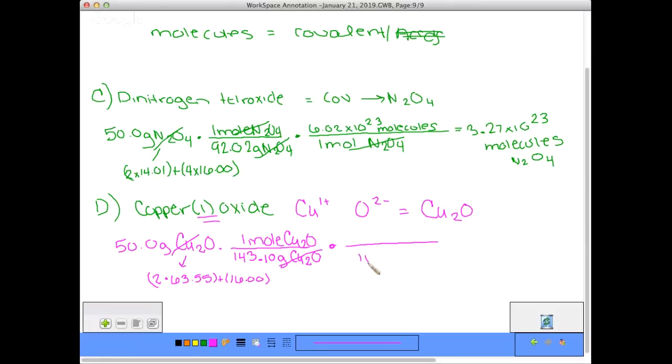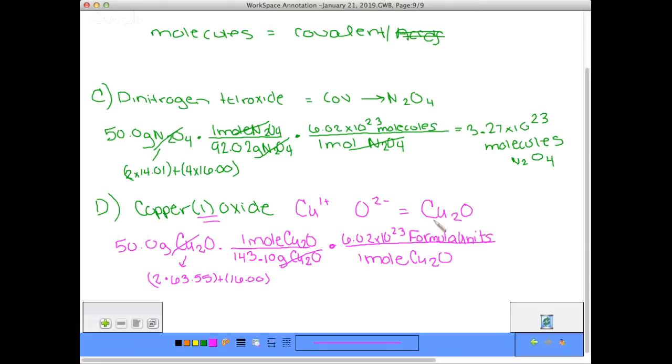Now, for every 1 mole of copper oxide, we have 6.02 times 10 to the 23rd formula units.